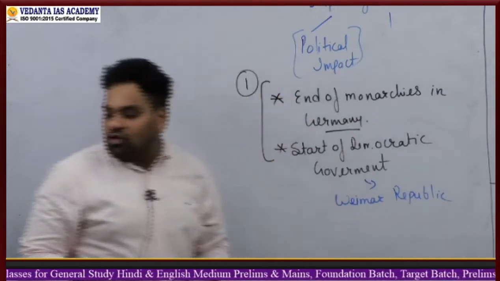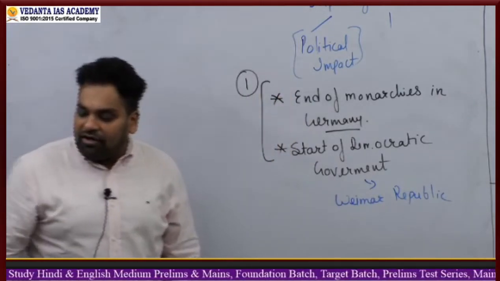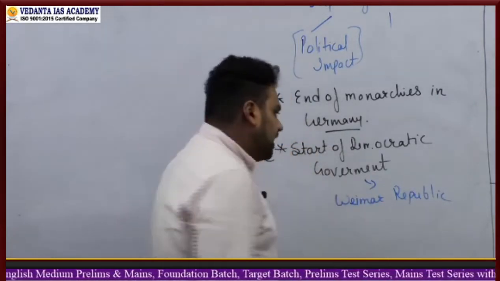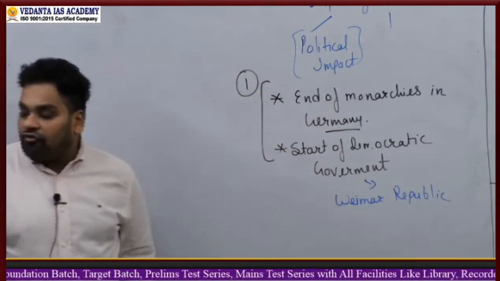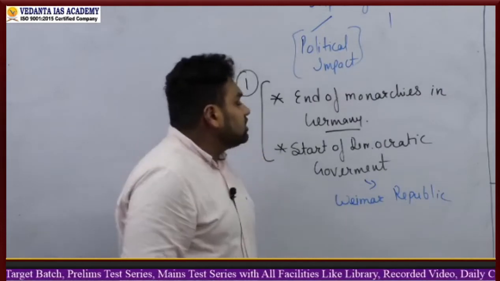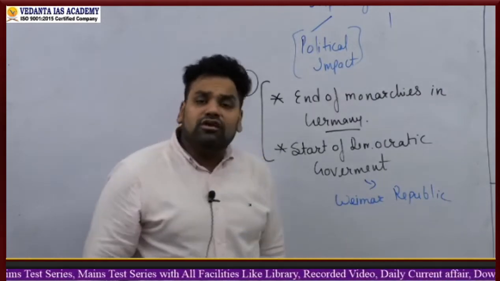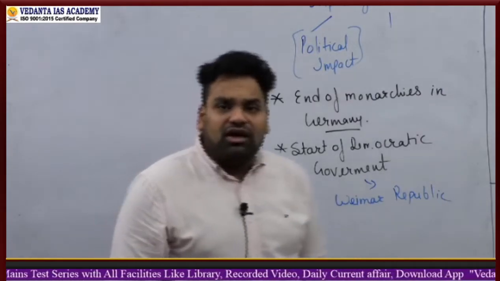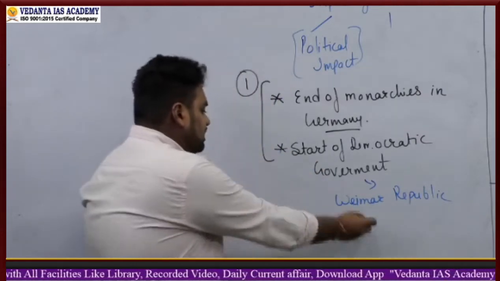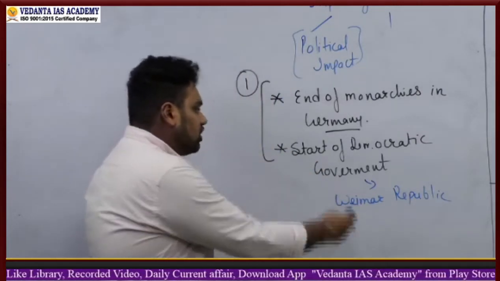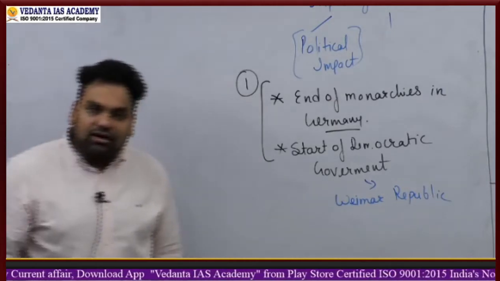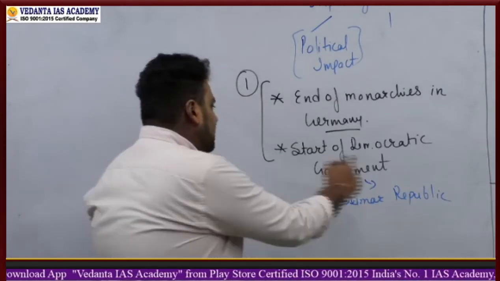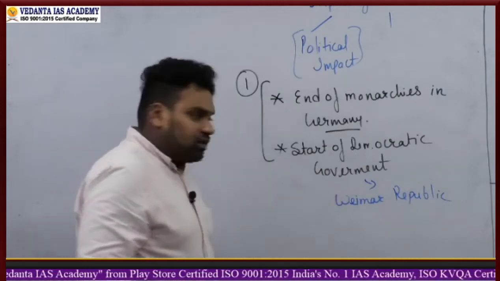So that will be the democratic government of Germany post World War I. And that is something which we need to understand when we are talking about this particular political impact, right? So that is a very, very interesting idea, right?